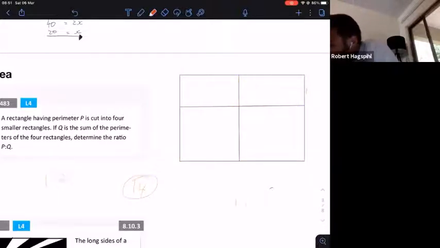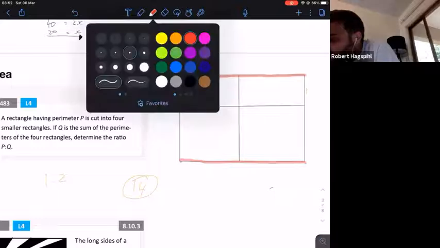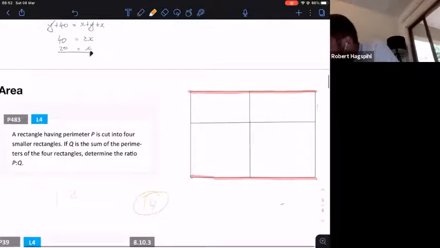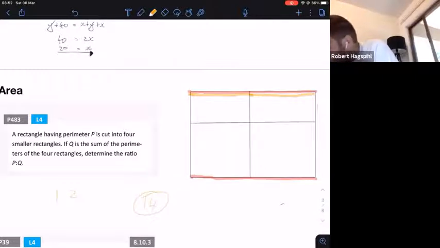So is everybody with me that if I'm looking at the lengths, I would have 2 of the red lines? If I'm looking at the smaller rectangles, if I add those 2 together, then I've got 1 red line.